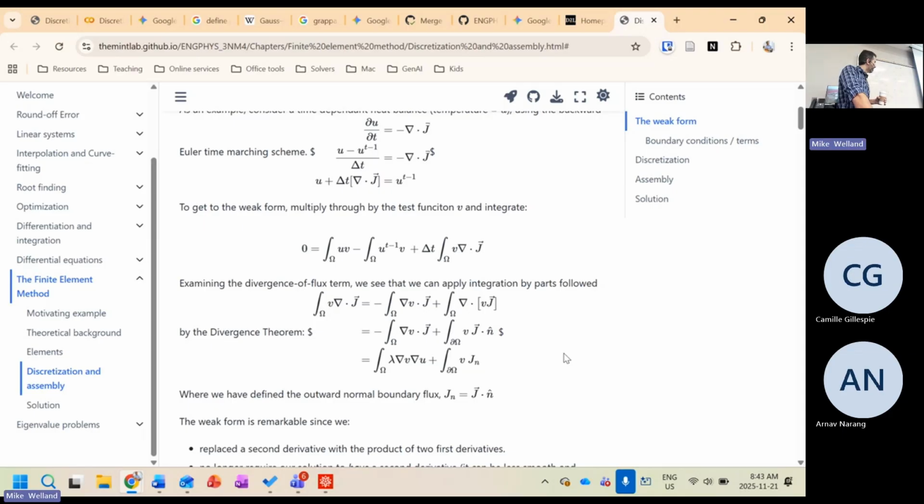What was the other thing? Oh, yeah. With the strong form, you would have something like this, but this by itself would not be your complete problem. This by itself is not a well-posed problem because you need the boundary conditions, right?